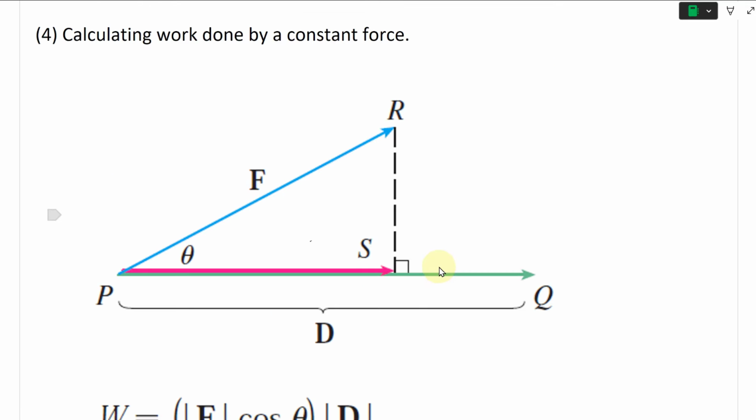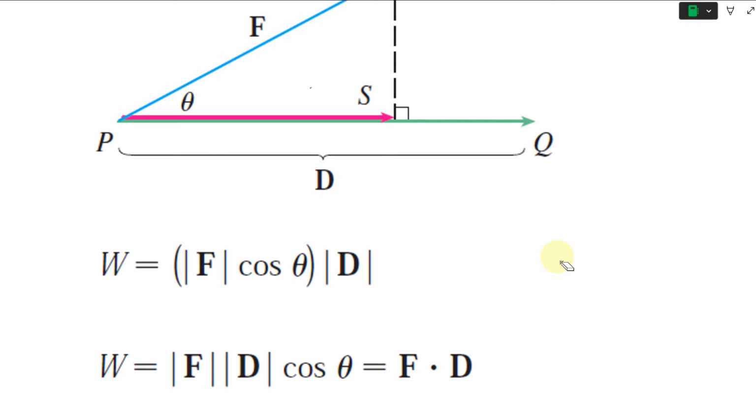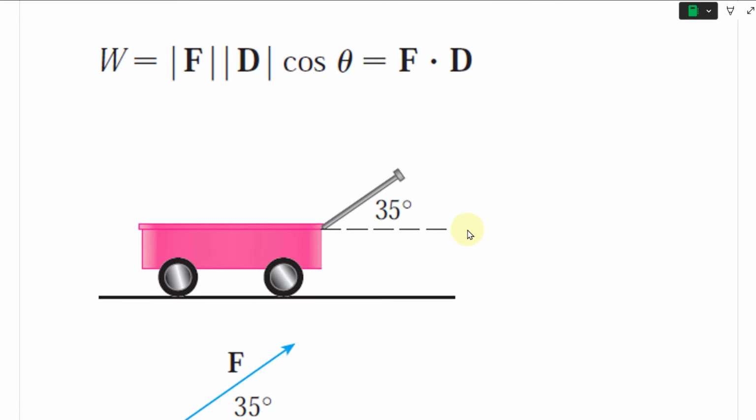So in other words, when you have a force at an angle relative to the distance, the dot product is the work done. An example of that is just a wagon.